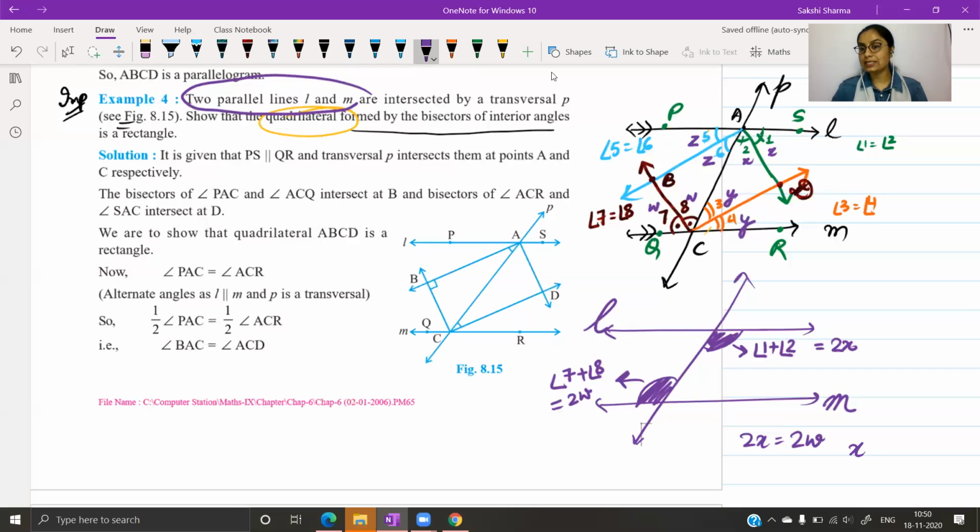This makes x equal to W. Similarly, you can prove that y equals z.